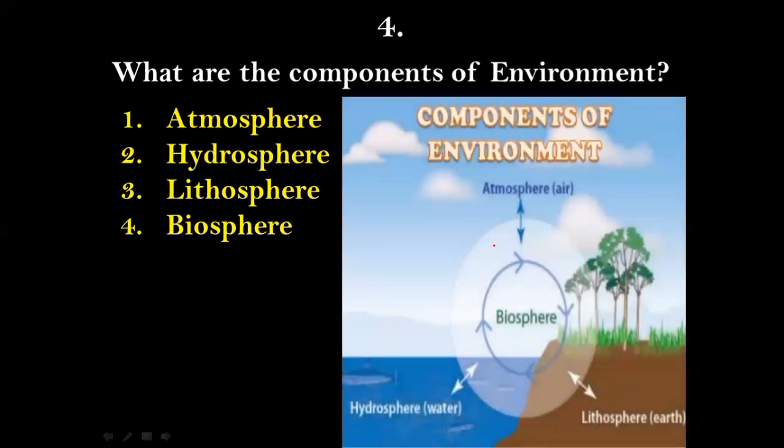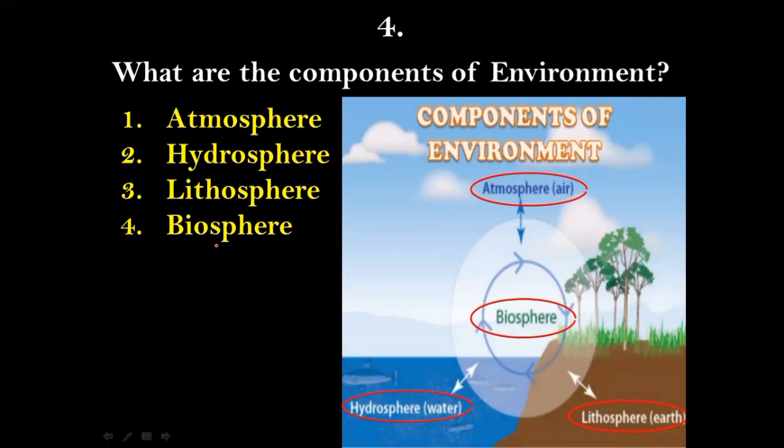Atmosphere, as you can see on the screen, is the part of environment in which we find a gaseous envelope held by the gravitational force around the earth, while hydrosphere is the total amount of water on the planet earth, and lithosphere is the solid rocky crust covering the entire planet earth, and lastly we have biosphere, which includes all living organisms that survive with the help of the atmosphere, hydrosphere, and lithosphere. So the components of environment are four, that is atmosphere, hydrosphere, lithosphere, and biosphere.